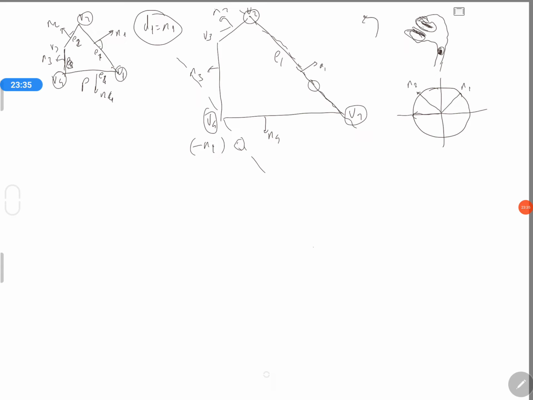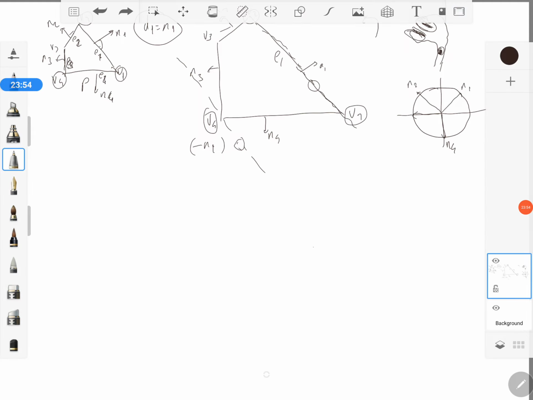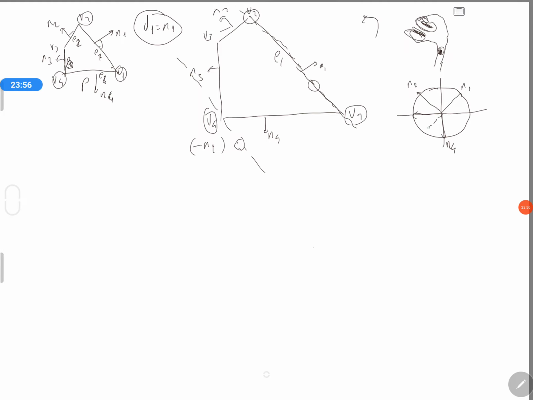Now what this caliper is essentially doing is trying to find out the extremal vertices along both N1 and minus N1. So if we want to find out what the next direction is, then we have to consider its opposite side vectors as well. So what this caliper does is, if you take a direction D, orient its arms such that its two arm surfaces are perpendicular to a direction vector.